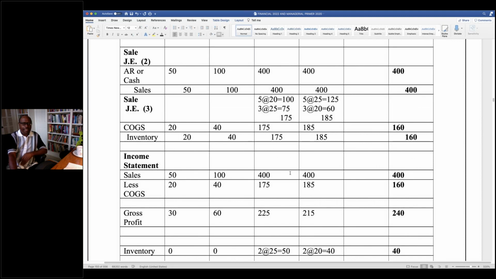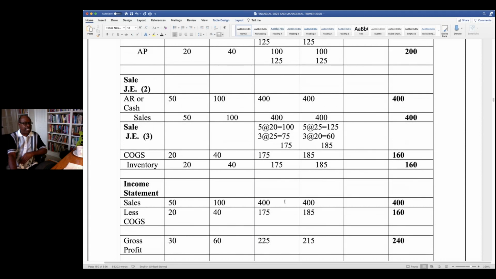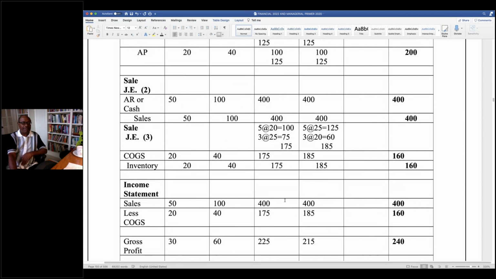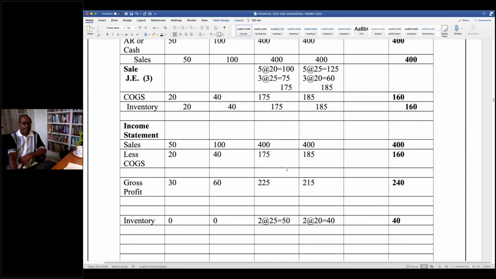So does it mean first in, first out is a better method as compared to last in, first out? Depends on whether you're paying taxes or not. So what do you know if you're paying taxes? You can select whichever method you want, but if prices are going up, what method are you probably going to select?